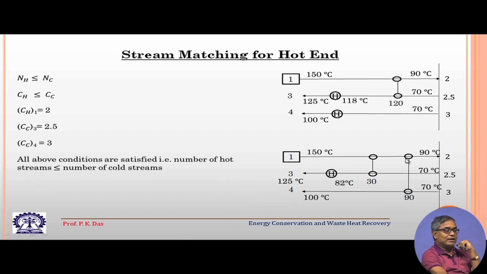Here also we get 1, 2, 3 heat exchangers. So, in both cases we get 3 heat exchangers and the same amount of hot utility, but the advantage is that we are getting 2 solutions. So, 2 options are available to the design engineer, and depending on plant requirements one can take any one of these options.